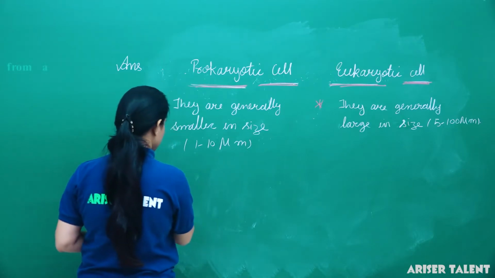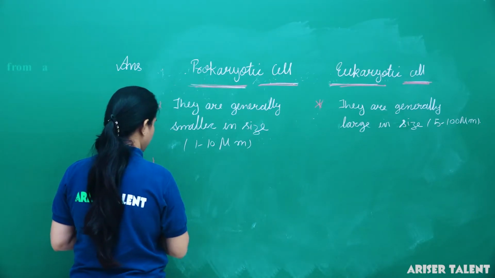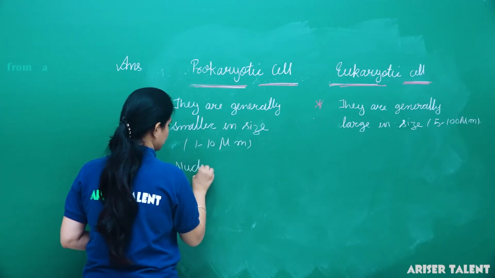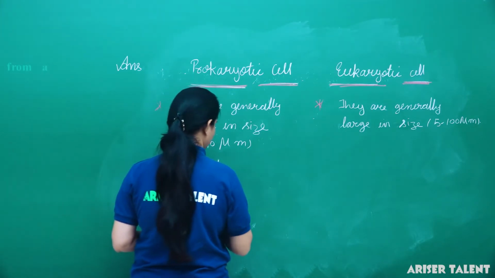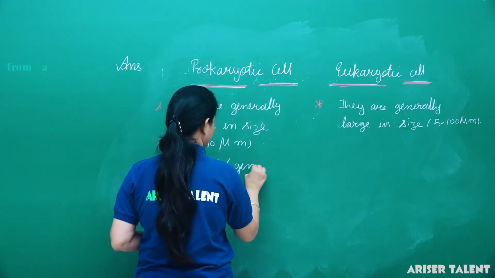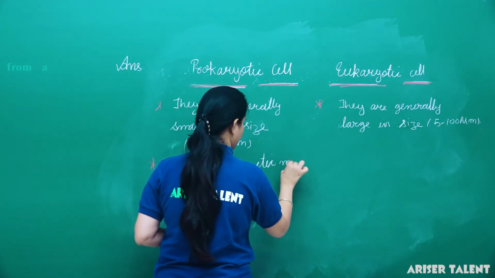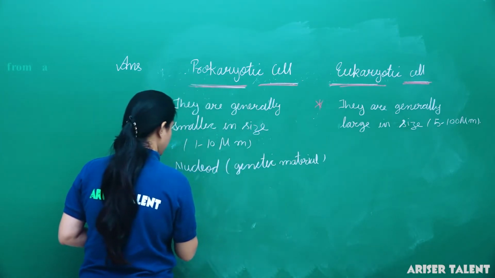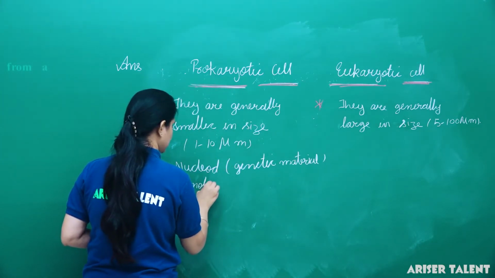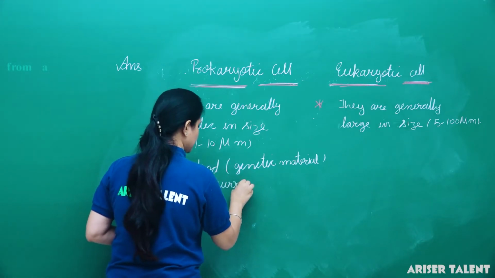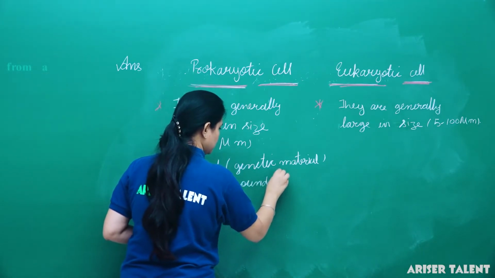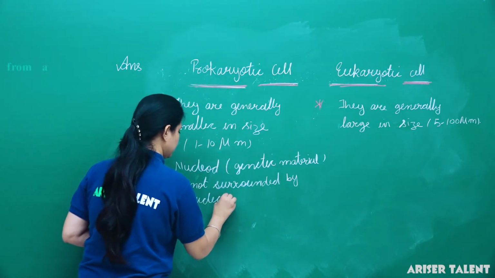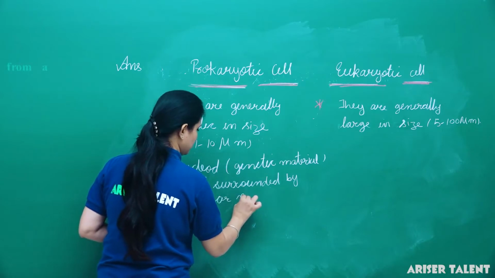Okay, and then nucleoid. In prokaryotic cells, the nucleoid, which is the genetic material, is not surrounded by a nuclear membrane.